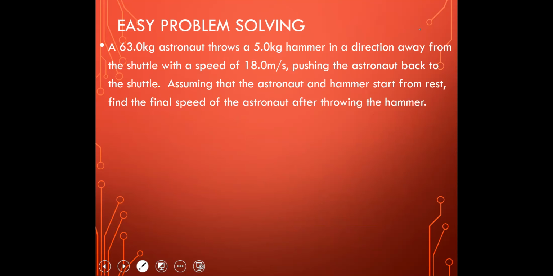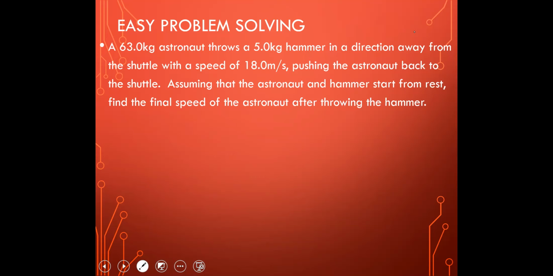A 63-kilogram astronaut throws a 5-kilogram hammer in a direction away from the shuttle with a speed of 18 meters per second, pushing the astronaut back to the shuttle. So there's an astronaut, a man with 63-kilogram mass.